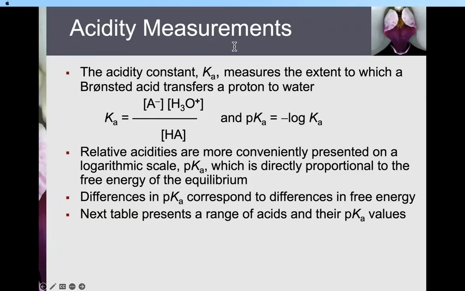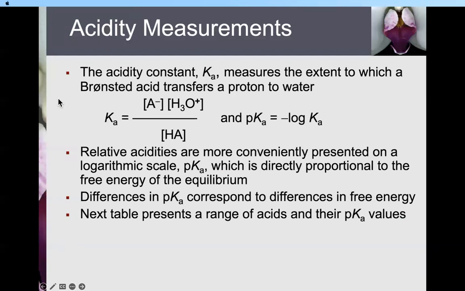So recall from your analytical chem, the strength of any acid. So yung acid, it's also HA. So the strength of any acid in water can be expressed by the acidity constant or yung Ka mo. So if you have a smaller Ka value, and then yung pKa is the negative log of your Ka.